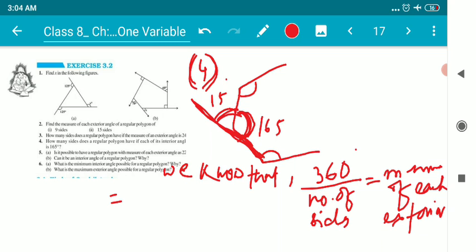Okay, children, so let us solve it. 360 degree by number of sides, which we don't know for this figure, let it be x, and the measure of each exterior is 15 degree. Okay, let us get the value of x from here.